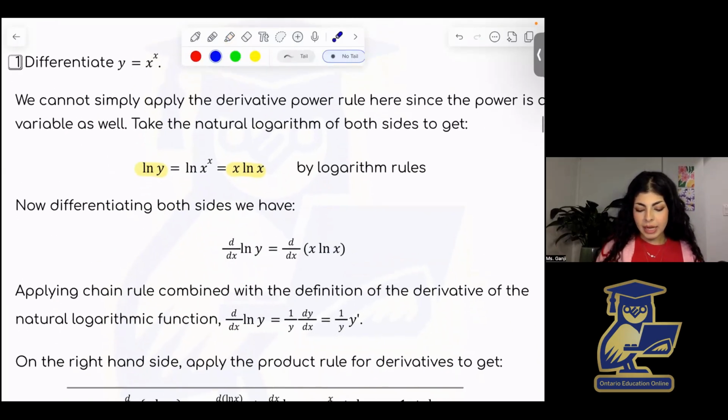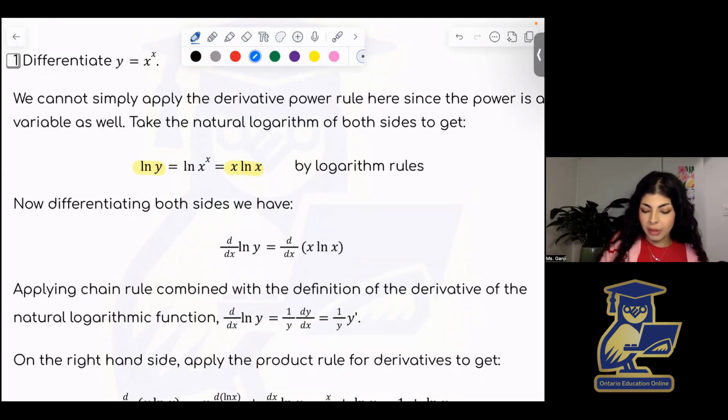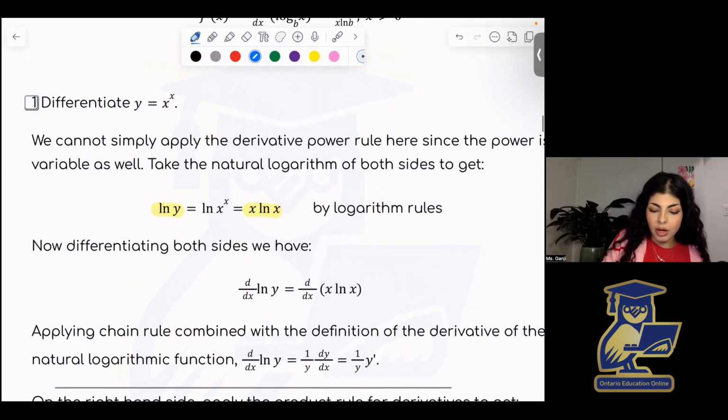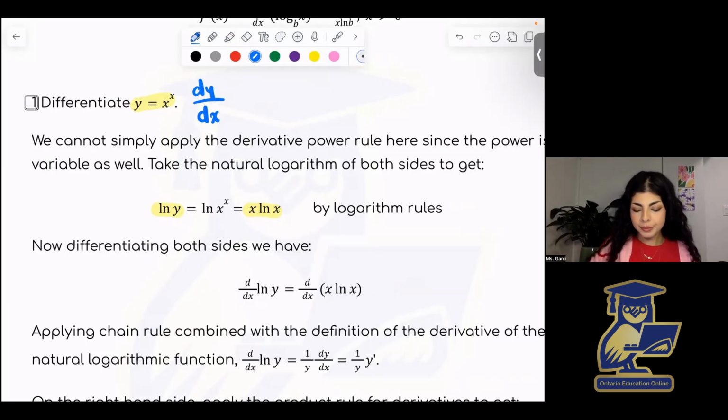So on my left-hand side, I have d of natural log of y by dx and this derivative on the right-hand side. And this is the one I'm going to start with. And we're going to find the derivative of the left-hand side and right-hand side separately and then combine them to find our original derivative. And remember, our original derivative that we were trying to find based on this function here is dy by dx.